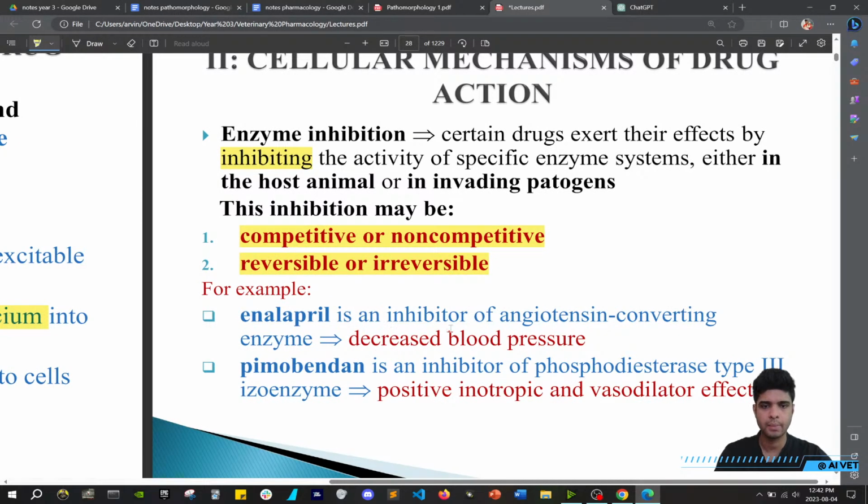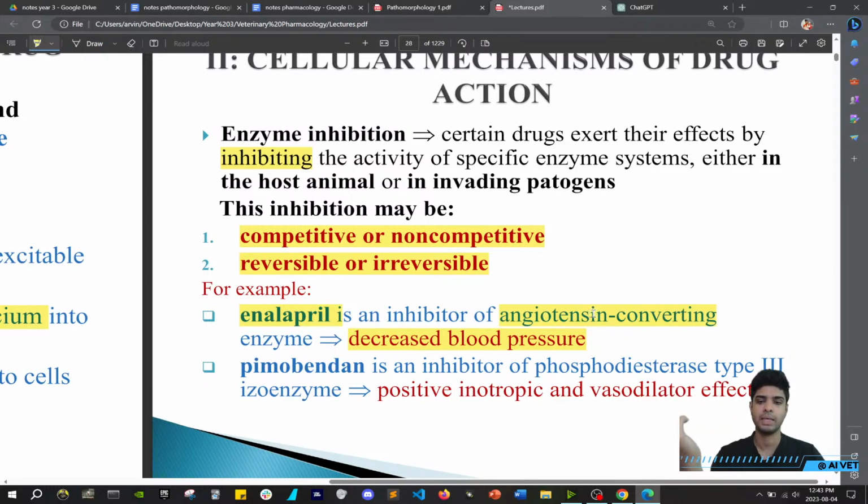Enalapril is an inhibitor of angiotensin converting enzyme, decreases blood pressure. Okay, so when I take enalapril, it's very important to pronounce it right so that it sticks in my mind in the right way.